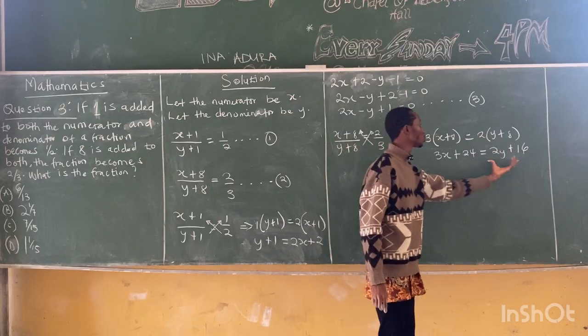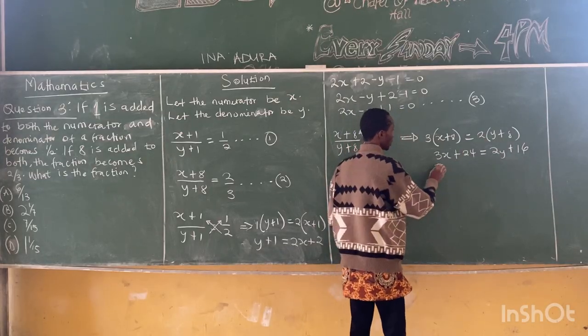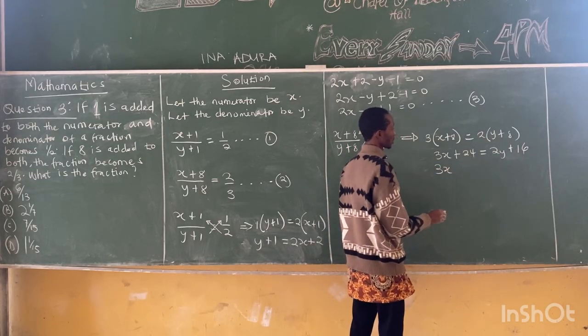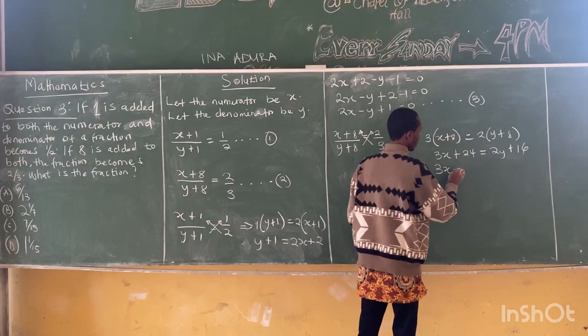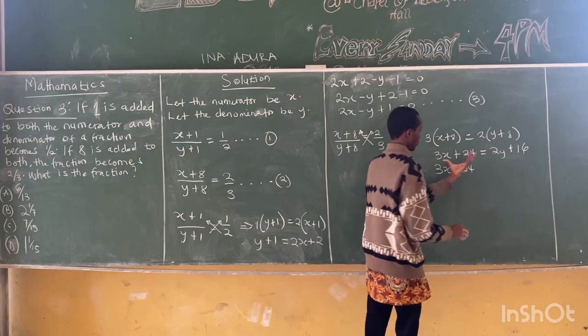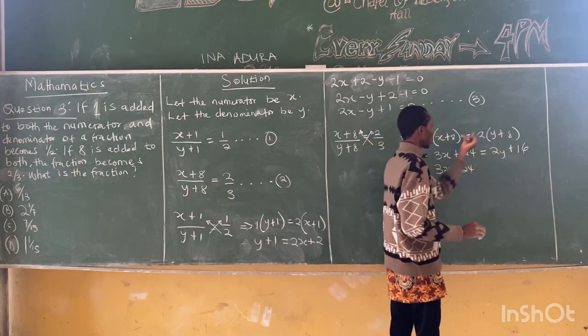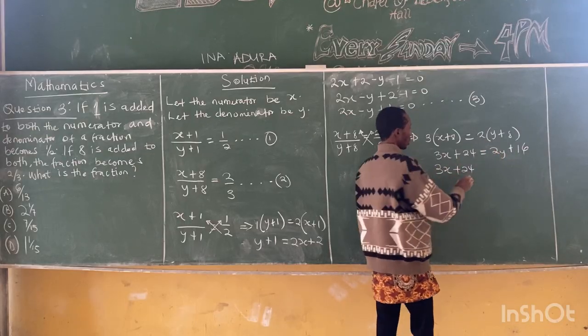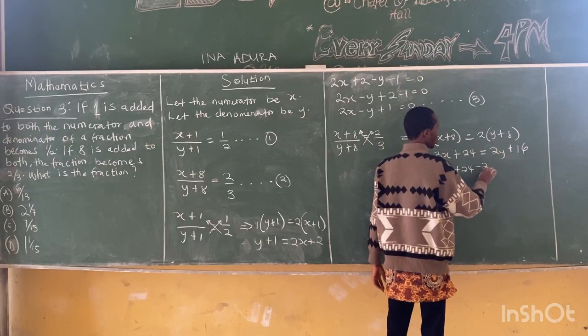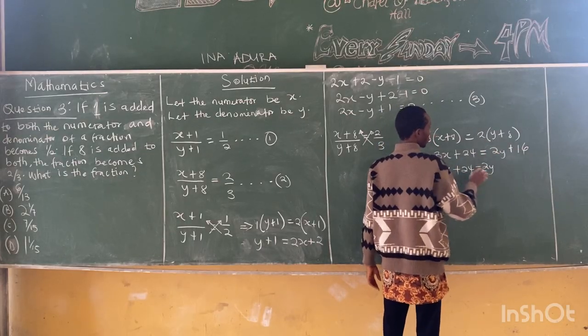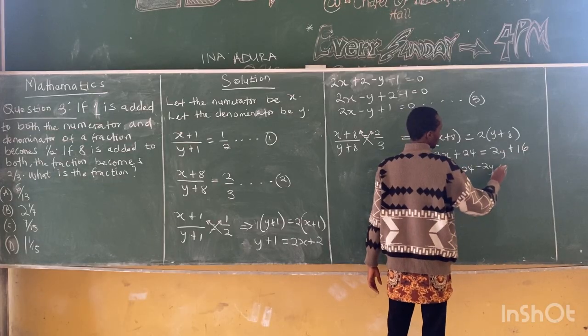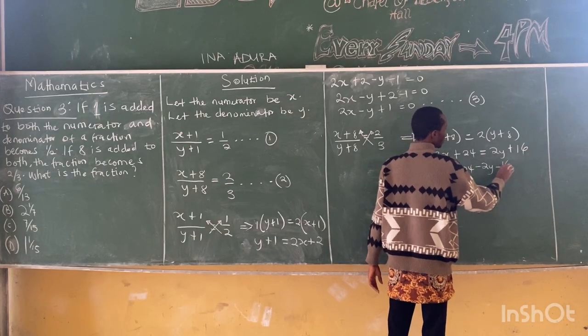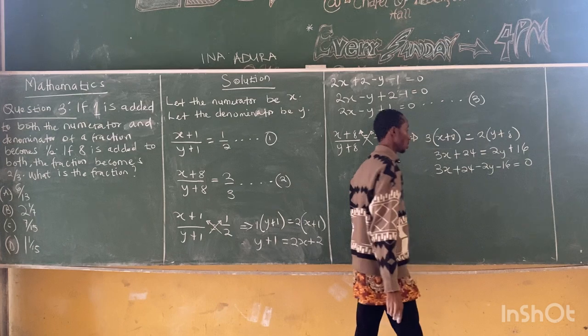If we move everything to this side of the equation, we have 3x plus 24. The 2y crosses, changing from plus to minus, so we have minus 2y, and the 16 also crosses, giving minus 16, all equal to 0.